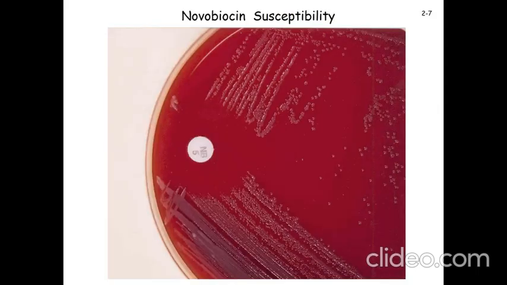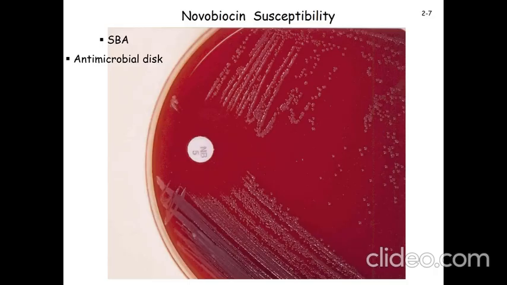The way that we will do novobiocin susceptibility is to sub a plate out. So you want to get an SBA, sheep blood agar. You'll streak out the organism onto the sheep blood agar, and then up in the top of quadrant 1, we're going to add an antimicrobial disc. This disc has been impregnated with novobiocin, so you can get varied concentrations of it.